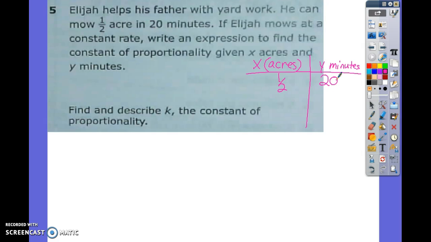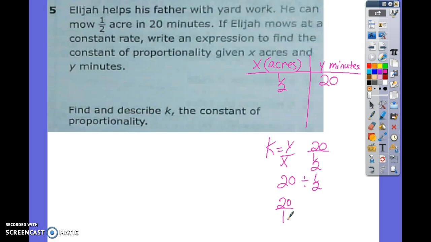So we are going to want to figure out what k is, the constant of proportionality. So we have k is equal to y divided by x. So in this situation, y is 20 and x is 1/2. So we'll write that out as a division problem. 20 divided by 1/2. So we want to make 20 look like a fraction, 20 over 1. And remember, when we divide fractions, we multiply by the reciprocal.